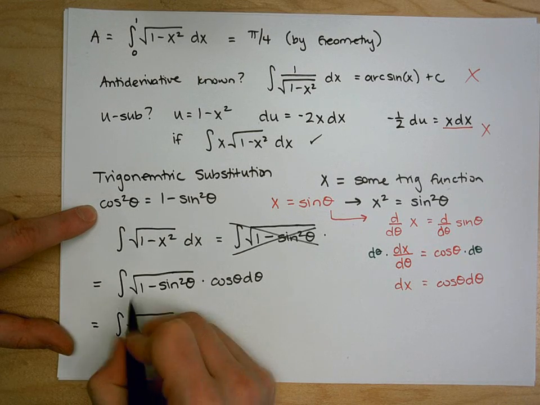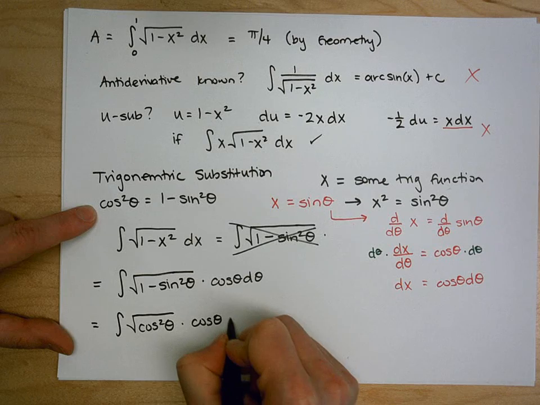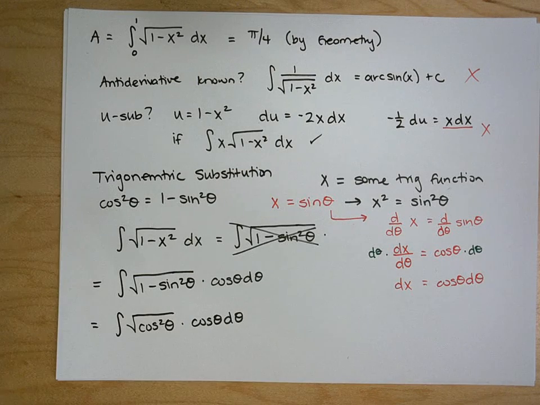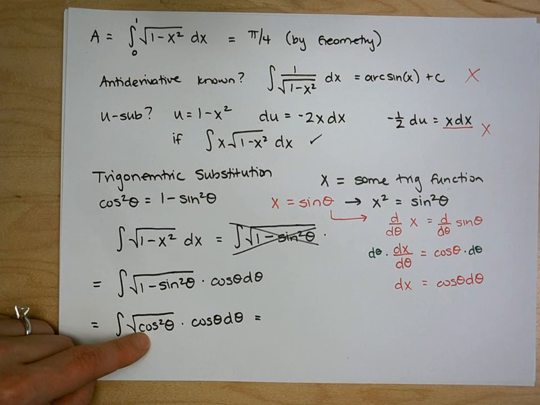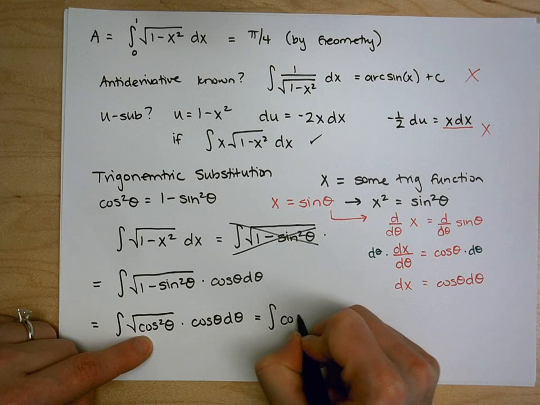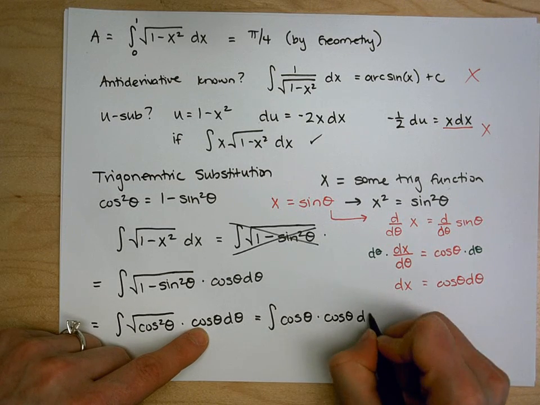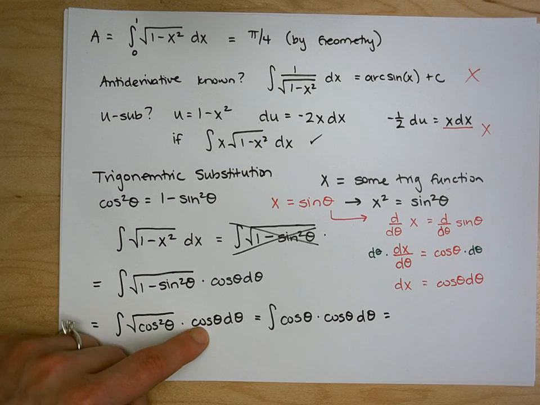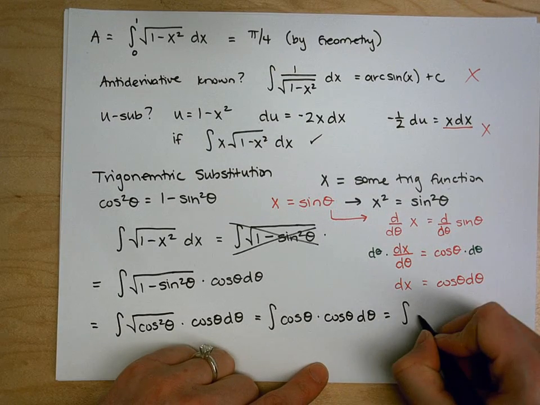So now I have root cosine squared theta times cosine theta d theta. Of course, I have a square root and a square, so those undo one another, giving me cosine theta, and I have another cosine theta d theta. And when I multiply these two together, I get the integral of cosine squared.